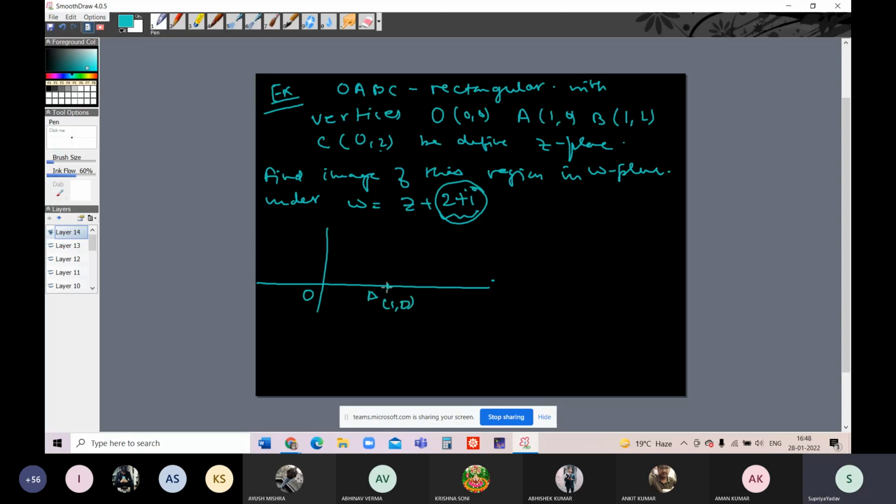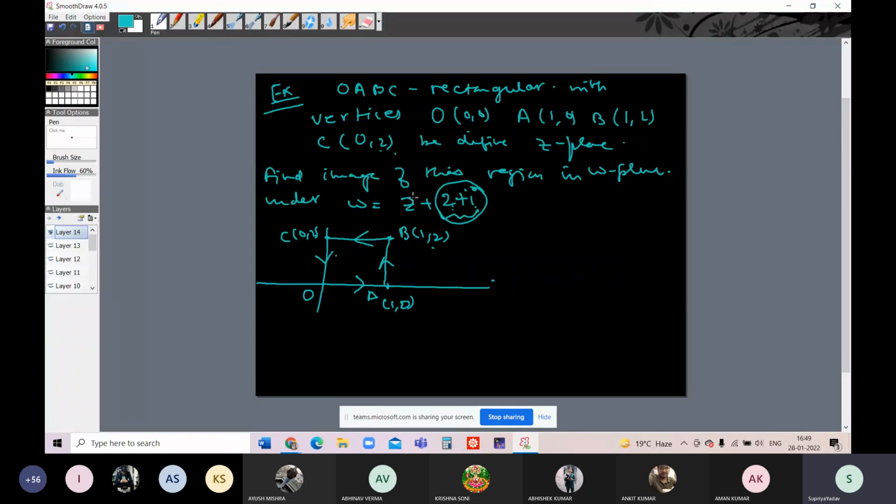B is 1, 2. And C is 0, 2. This is the rectangular region OABC.